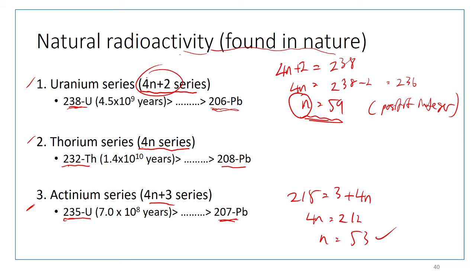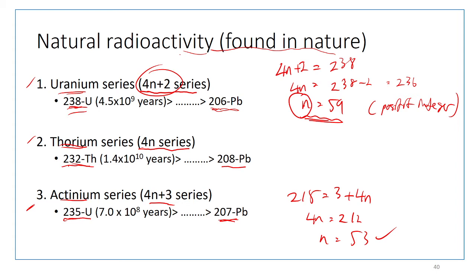So all these three parent nuclides, uranium 238, thorium 232 and uranium 235, at the present time are found in nature.